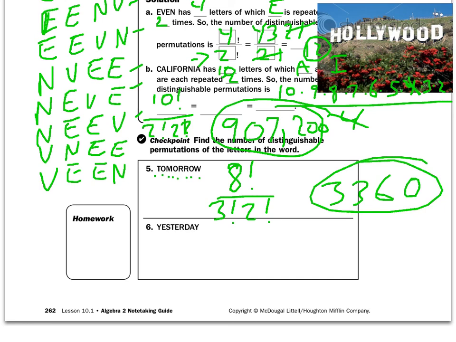And yesterday, I have 1, 2, 3, 4, 5, 6, 7, 8, 9 factorial on top. And then repeated is the letter E 2 times, and the letter Y 2 times. That looks to be it.